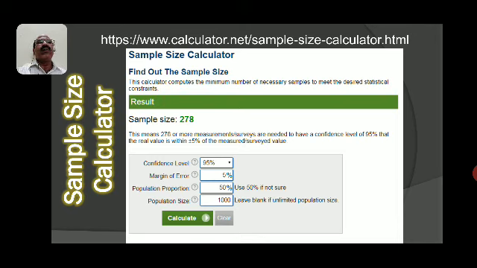Generally, if you don't know, you take 50, meaning half. That is the maximum number of samples you will get in the calculation. Then if you have a population of 1000, it is 278 samples. You can use this website, an online calculator, and you will get it like this.